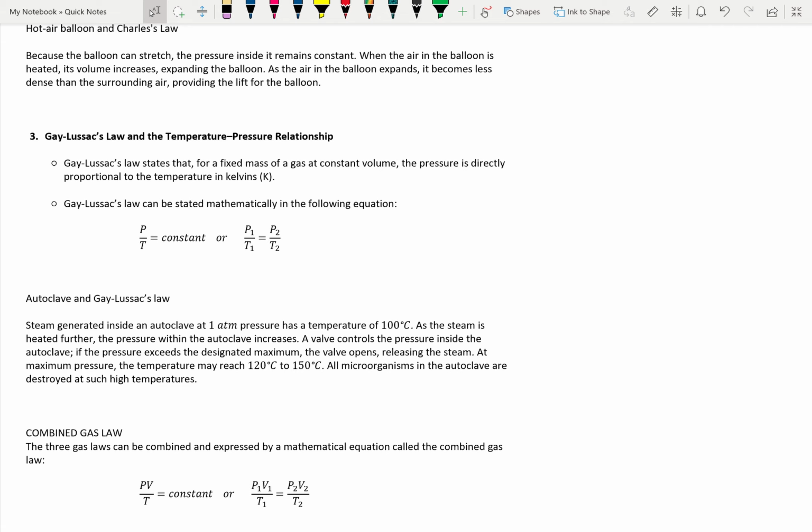The valve controls the pressure inside the autoclave. If the pressure exceeds the designated maximum, the valve opens, releasing the steam. At maximum pressure, the temperature may reach 120 to 150 degrees Celsius. All microorganisms in the autoclave are destroyed at such high temperatures.